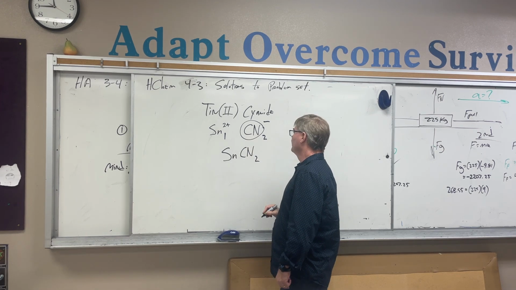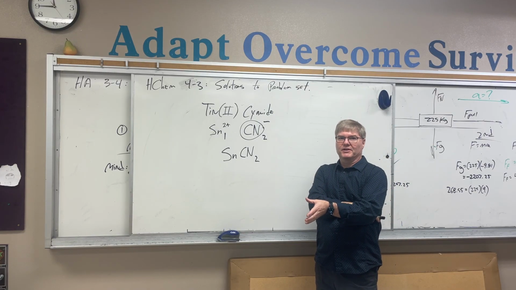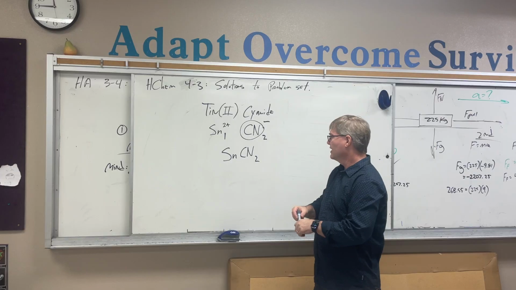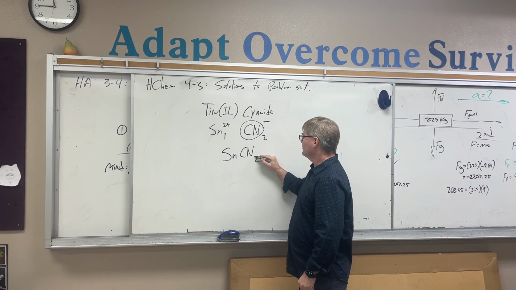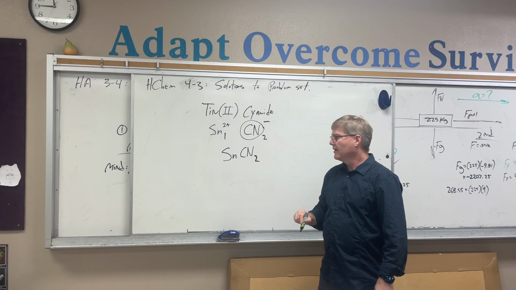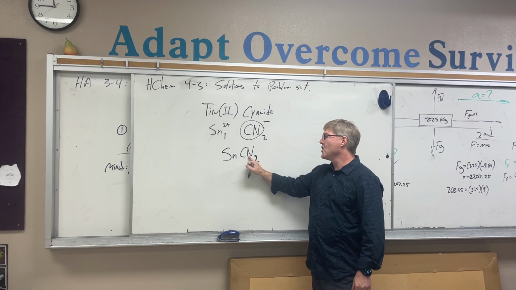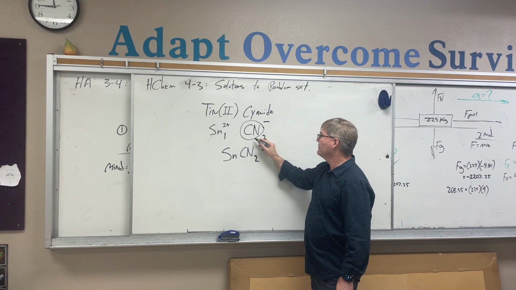cyanide with a 2. Now, I didn't talk about this, but I'm glad that when this comes up, we need parentheses around this too. Even though we do not have a subscript of a subscript, if we just leave the 2 dangling out there, that looks like it just applies to the nitrogen and not the carbon. But that's not what we mean. We need 2 of these overall ions.